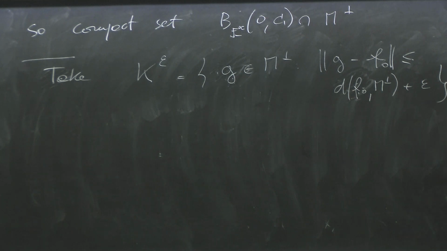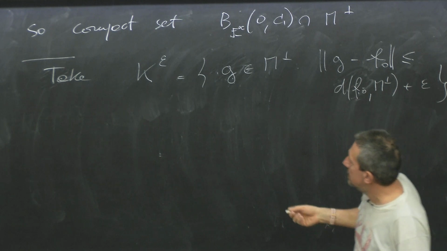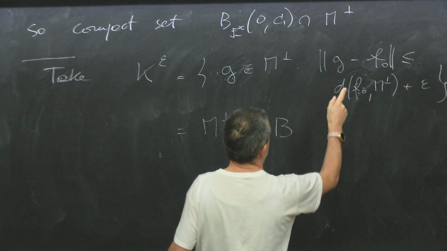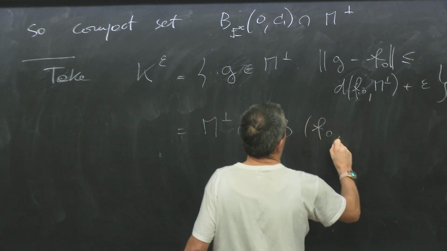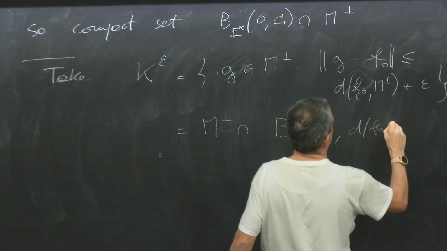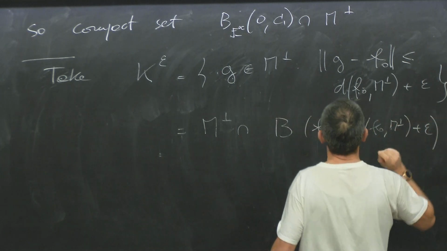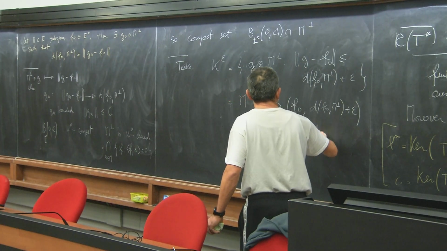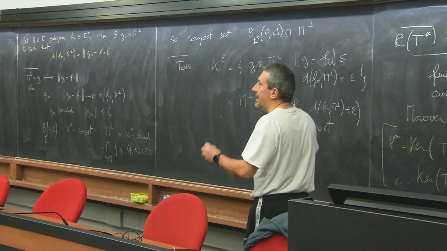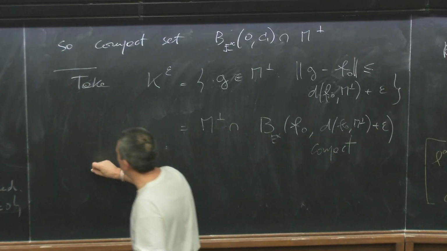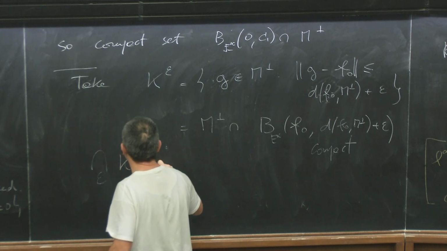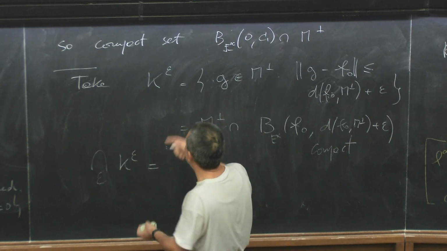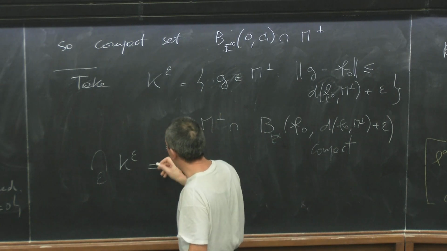By definition, this is M orthogonal intersected with the ball centered in F0 of radius the distance plus epsilon, and then we know that this is compact. And now the intersection over epsilon of K_epsilon is non-empty, because the finite intersections are non-empty, so the intersection is non-empty.